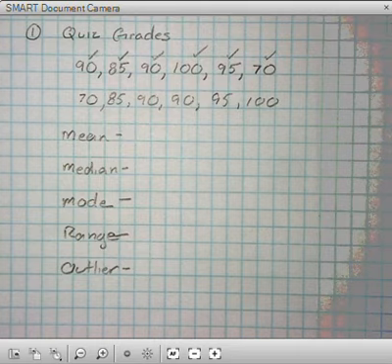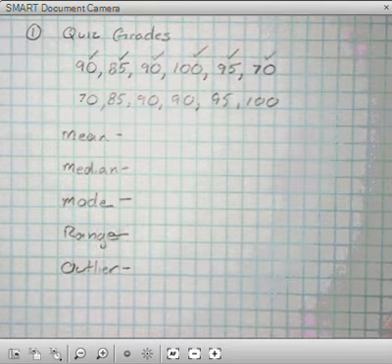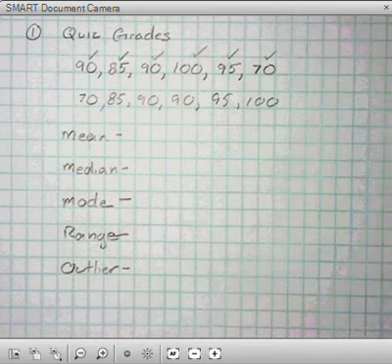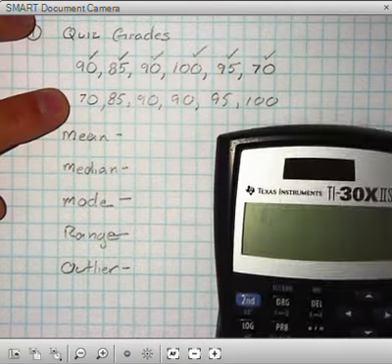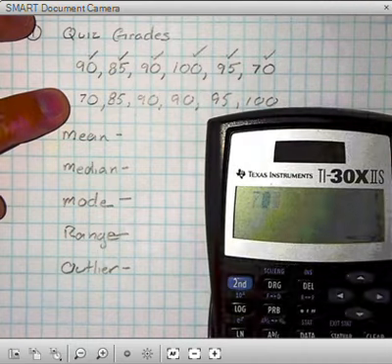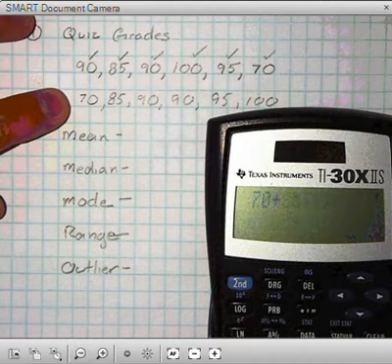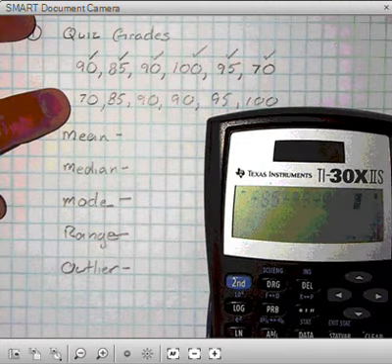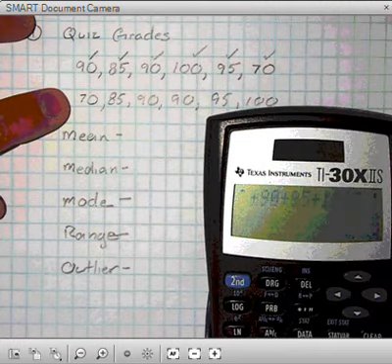Now, who remembers how to find the mean? Zach? You add all the numbers up and divide how many down. Love it. So I add up all my numbers. 70 plus 85 plus 90 plus 90 plus 95 plus 100.